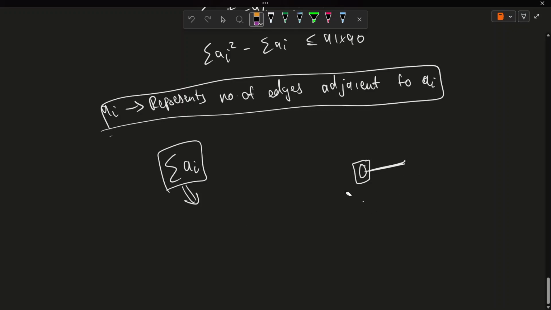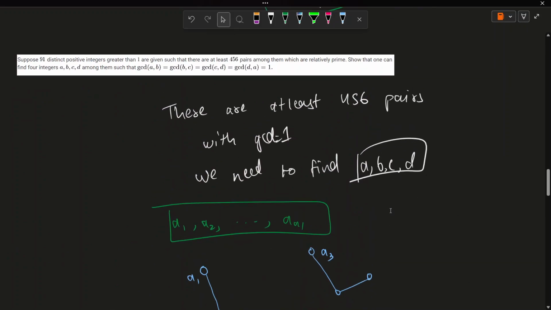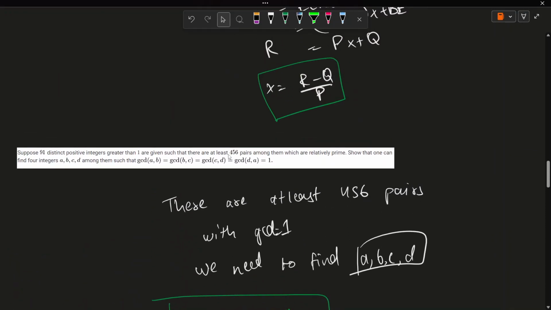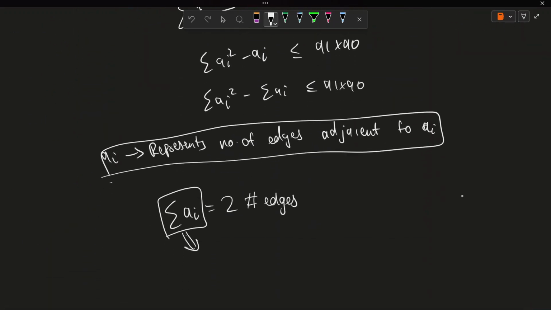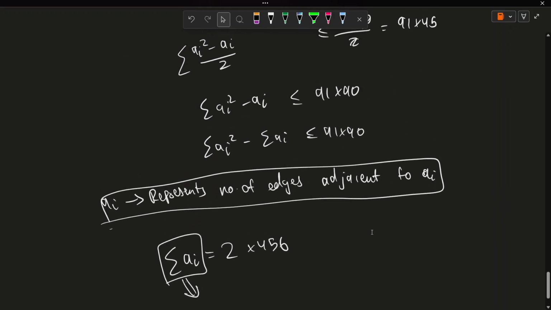So this should be equal to 2 times the number of edges. And what is the number of edges? As we have said earlier, the number of edges is simply the number of pairs, because we have denoted edges by pairs. 456 is the number of pairs. So summation of ai is 2 into 456.